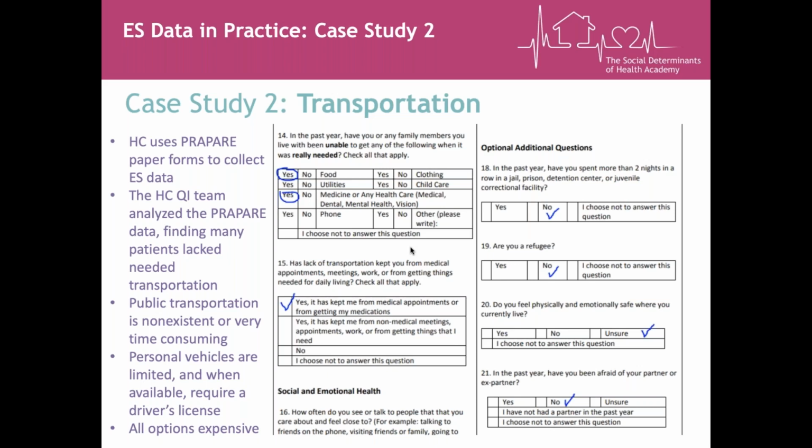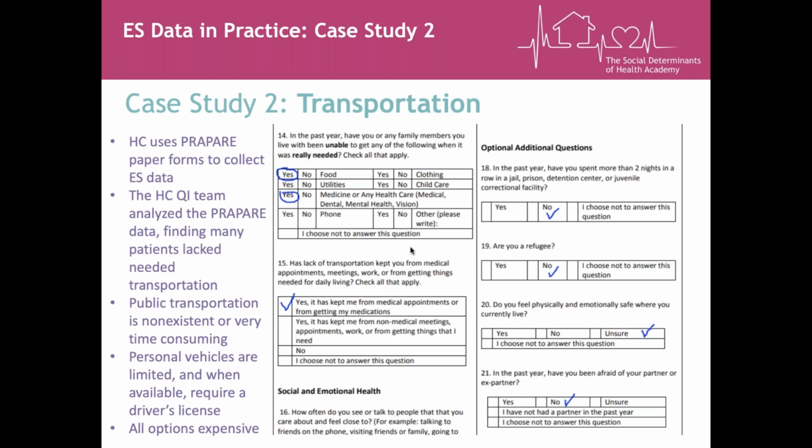So in this case, they're using PRAPARE paper, and they're identifying questions 14 and 15, as you see here, that this particular patient is really having issues where they're not able to access healthcare when they need it. And they check yes, lack of transportation for medical appointments, meetings, work, and getting to and from daily living kinds of things that they need to do, that transportation has prevented them from being able to keep medical appointments and doing these things that they need to do in their life.